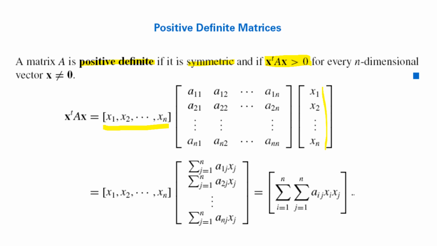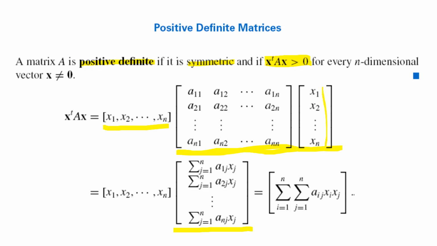We get its solution. We will multiply this matrix with this vector first, and solving this matrix and this vector, we obtain this result, which is written in summation form.